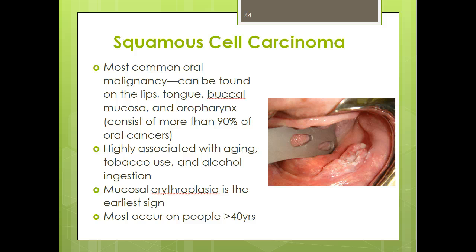An increased rate of oral cancer is found in people a lot of times that have occupations such as textile, plumbers, and coal and metal workers. Additional contributing factors are sun exposure, poor nutritional habits, poor oral hygiene, and infection. The HPV 16 virus leads to that as well.